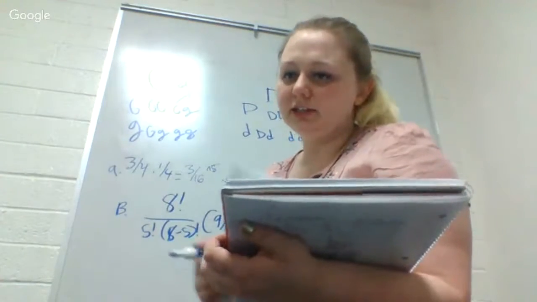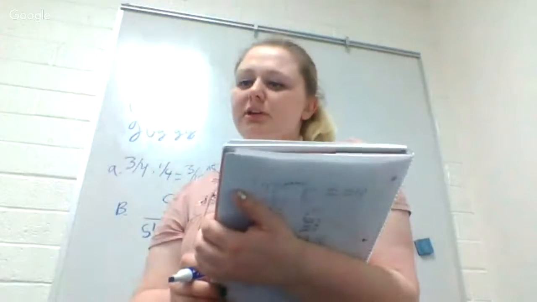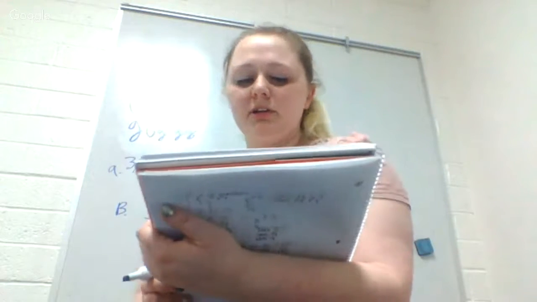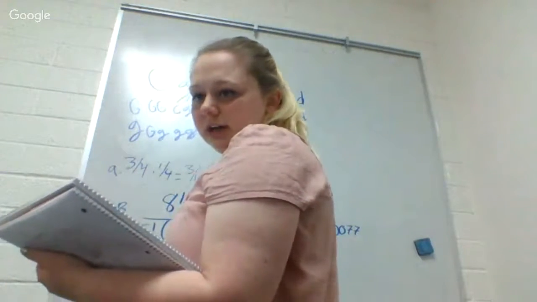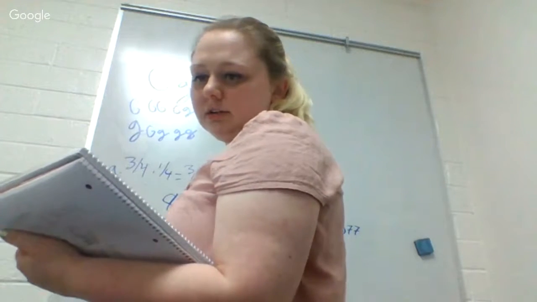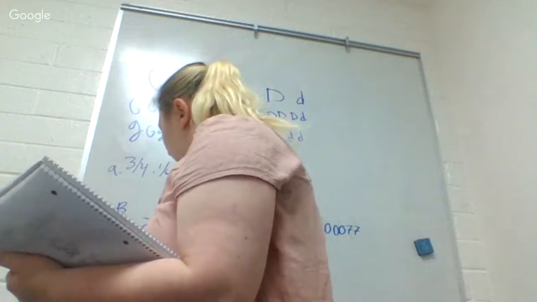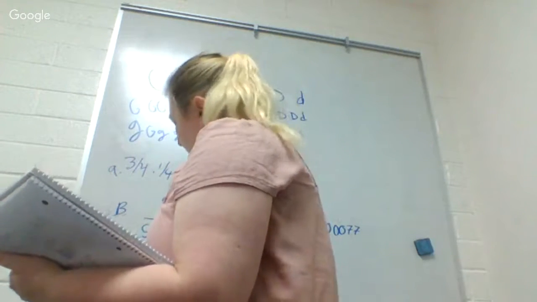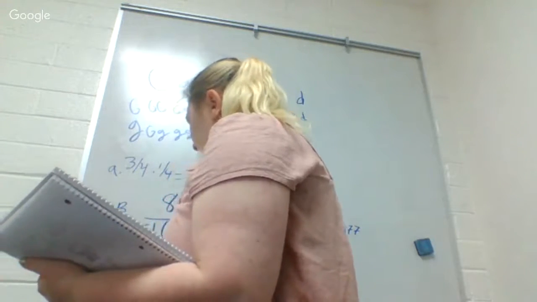So for C, it's asking us what is the probability that an individual offspring can have a small grin and can disappear, or have a small grin and cannot disappear. So for this, we're going to look at have a small grin, so 1/4. Small grin and can disappear, so 3/4. I'm going to multiply those together.